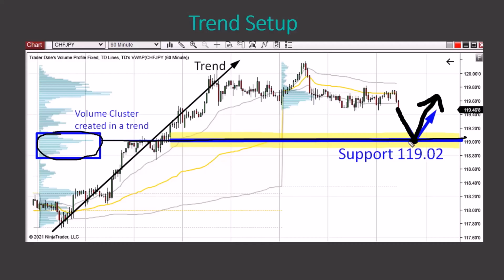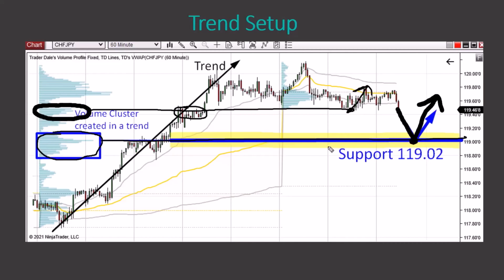Now, there was also another significant volume cluster. If you look at the profile, then it was this one. Those volumes were created in here, and it already got tested right there. This was the reaction. So this one is spent. You only want to trade each level once, right? This one is spent.